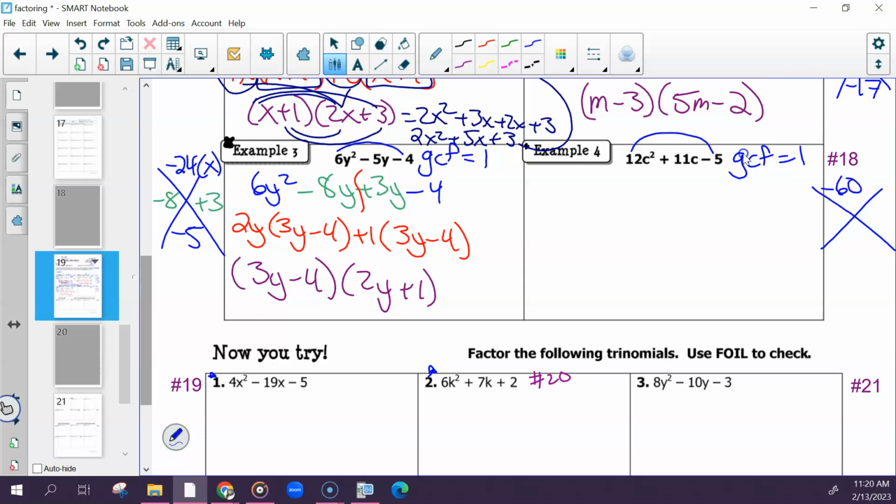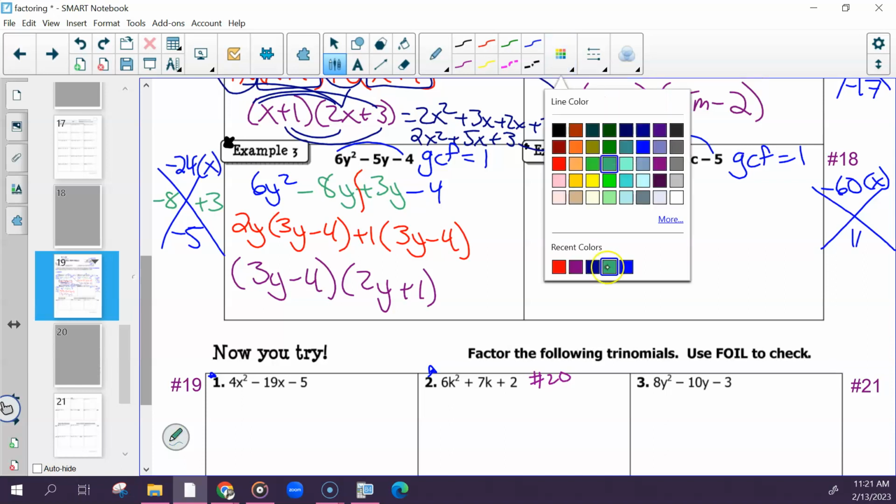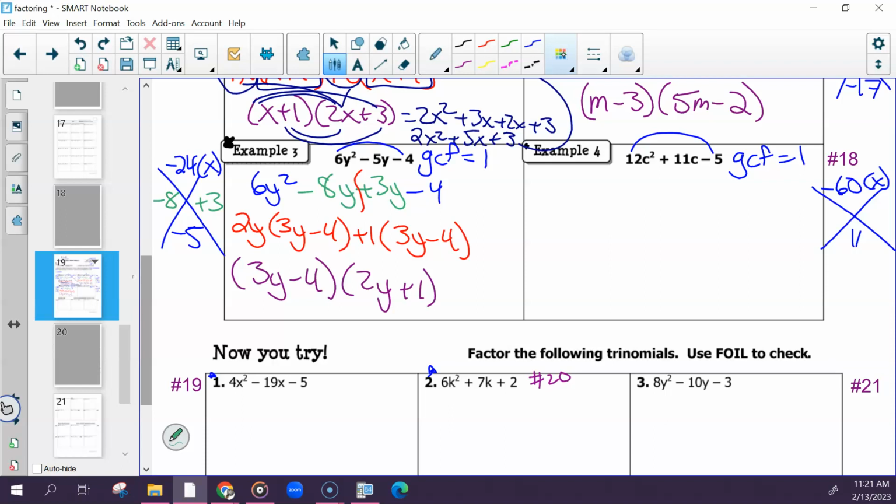So we're looking for two numbers that multiply to be negative 60 but add to be 11.